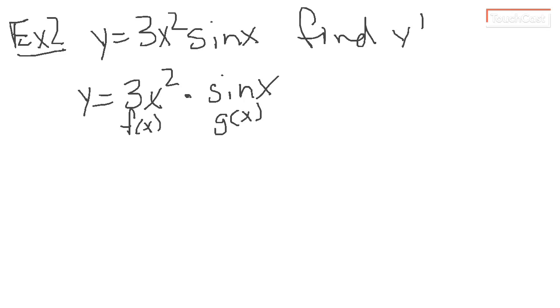So if we were finding f prime, 3x squared, the derivative of that is just going to be, bring the 2 down, we've got 6x. And from our last lesson, g prime, if a function is sine of x, the derivative of sine is just cosine.